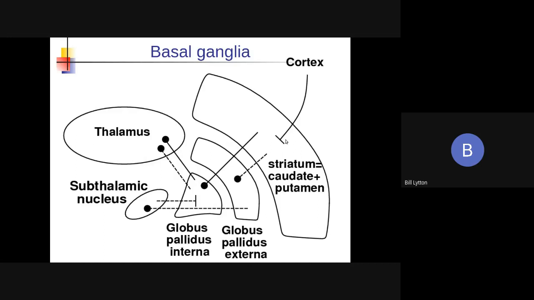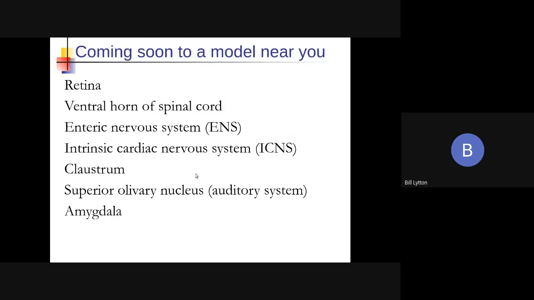The indirect pathway comes into striatum, goes to the pars externa of the globus pallidus, then to the subthalamic nucleus, then to pars interna, then to thalamus. Most of this circuitry is inhibitory, except subthalamic nucleus projections are excitatory. These little circles are a classic code for inhibitory lines versus excitatory.